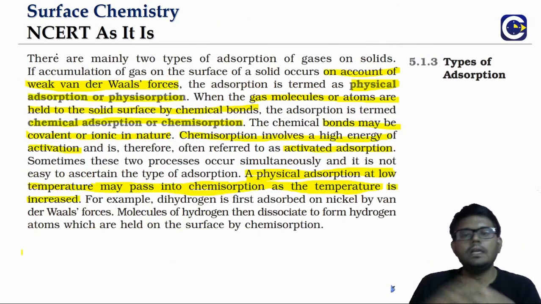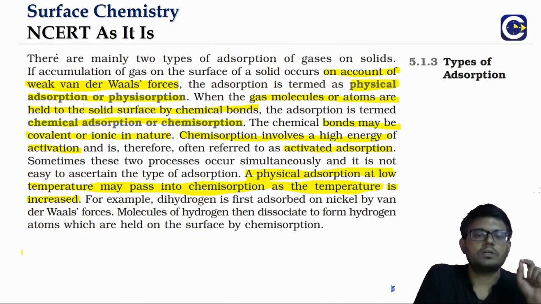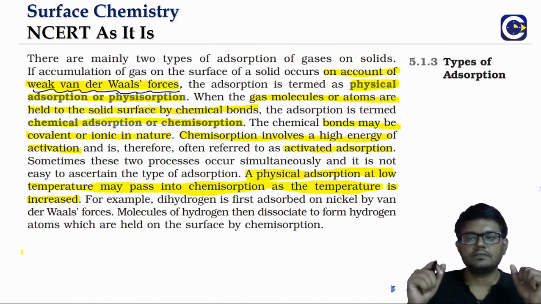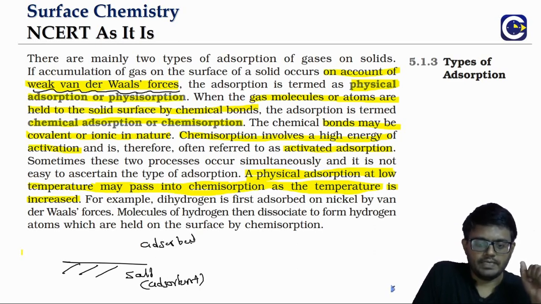Now, when we want to talk about the types of adsorption, we have mainly two categories. One, adsorption that will happen because of the weak van der Waals forces of interaction between the adsorbent and adsorbate.